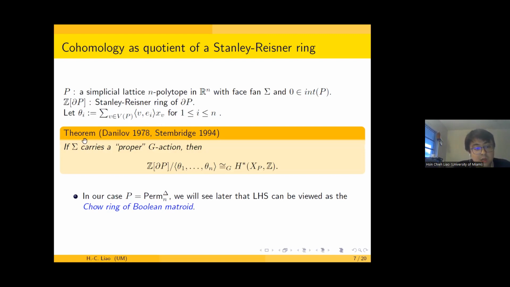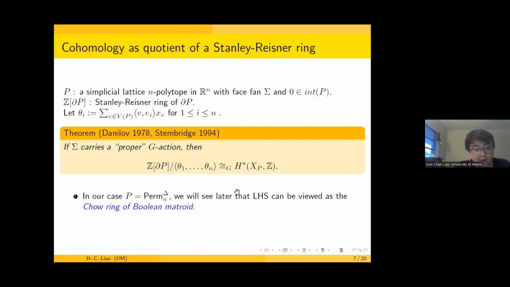So a theorem of Danilov and Stembridge says that if this face span carries a proper G action, where G is a group, then this cohomology of the toric variety is isomorphic to the Stanley-Reisner ring of the boundary of the polytope modulo this linear form, and they are isomorphic as G-modules.